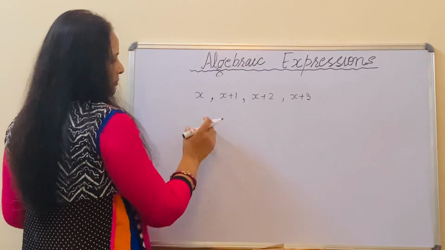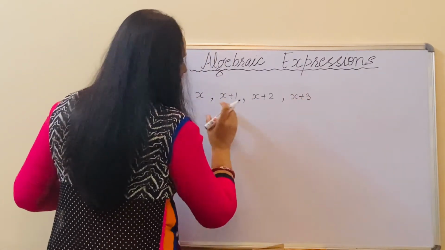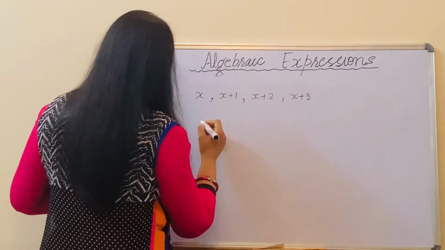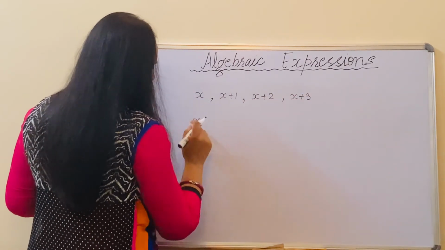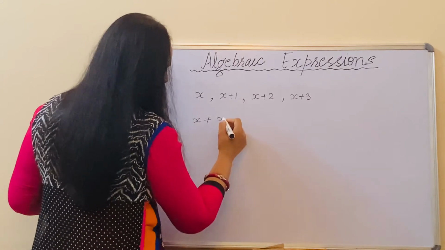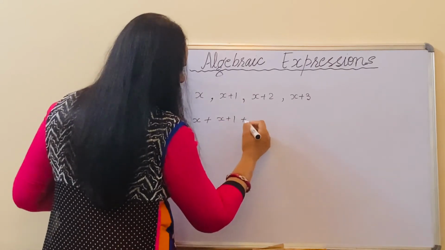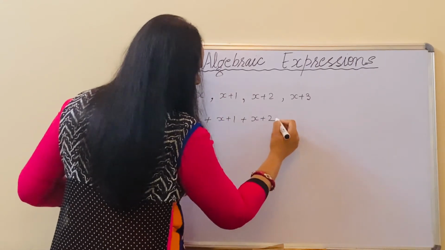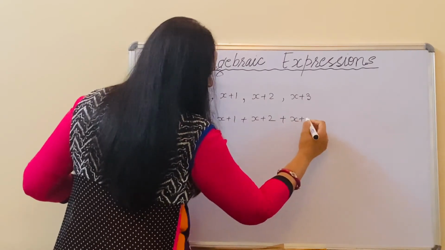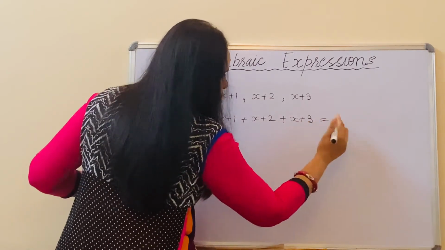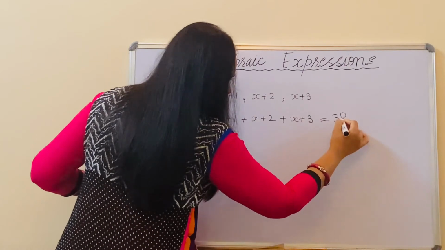As per the problem, the sum of all these consecutive numbers is 38. So writing it as x plus 1 plus x plus 2 plus x plus 3, which is equal to 38.